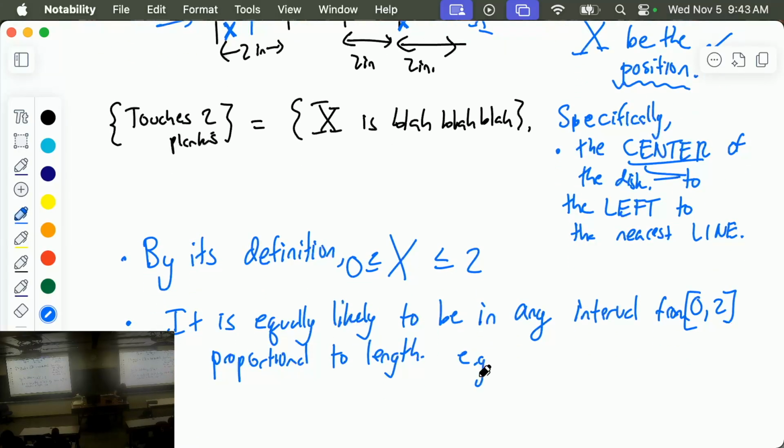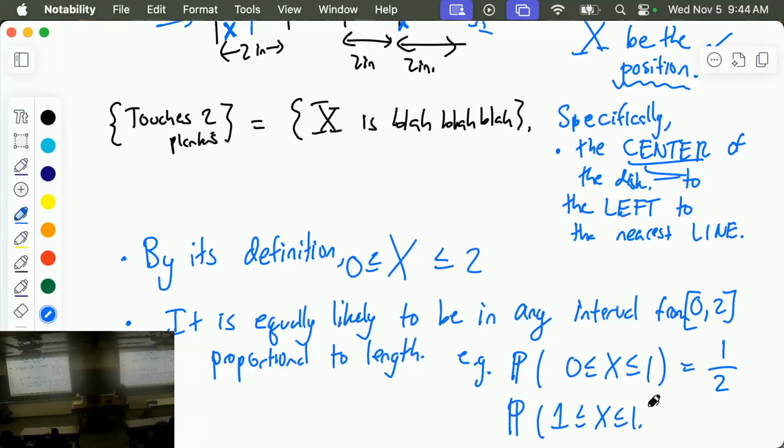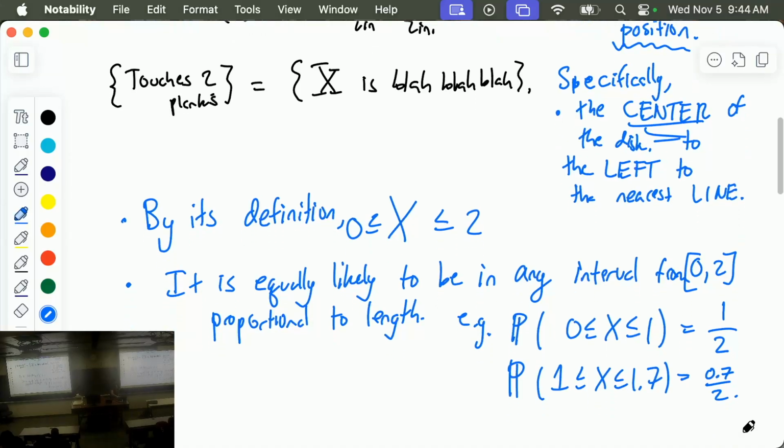So let's do an example. The probability that x is between, let's say, 0 and 1, that would be 1 divided by 2, because the total length is 2, and we're talking about an interval of length 1. If we said, what is the probability x is between 1 and 1.7, that would be 0.7 divided by 2. So whatever the length of some interval is, and you ask, is x there? It'll be proportional to the length of that interval. You have to divide by 2. That's the total length of the interval to make it an honest probability.